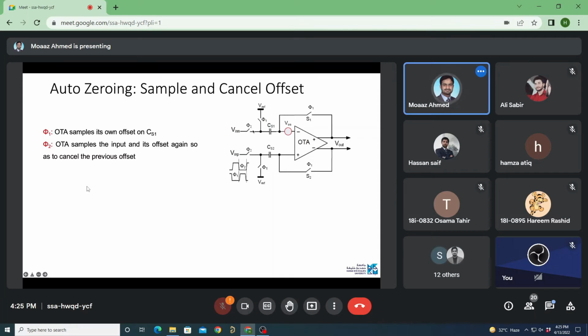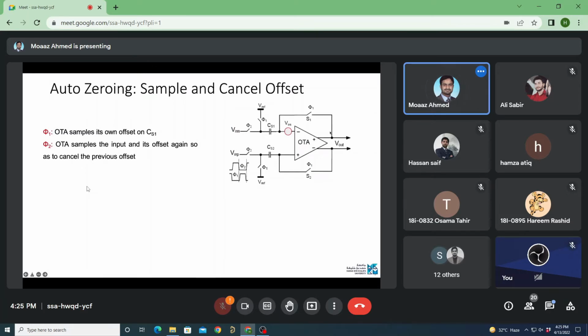In phi 1, the OTA is in unity gain configuration, so it samples its offset over these unit capacitors, CS1, CS2. These capacitors have their other sides connected to VREF, since in phi 1 their switches are closed. So during phi 1, the offset at the output gets sampled at the capacitors connected at the input.